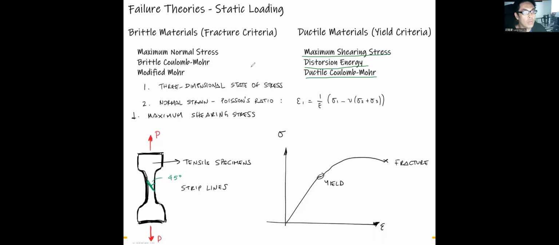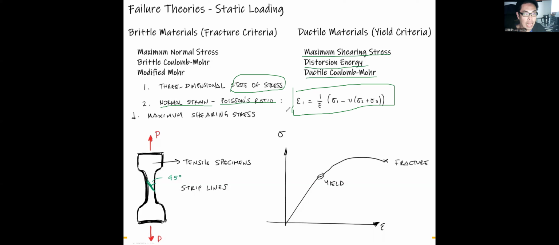From your mechanics of materials course, we already learned how to evaluate the stress state in three-dimensional states, and the normal stress and strain with the Poisson ratio. You must remember the strain with the Poisson ratio, the Young's modulus and the principal stresses.